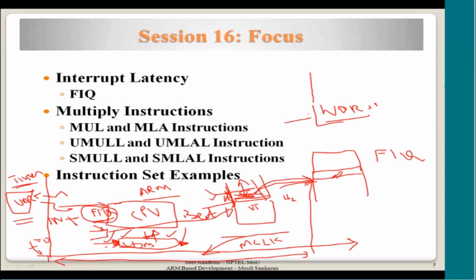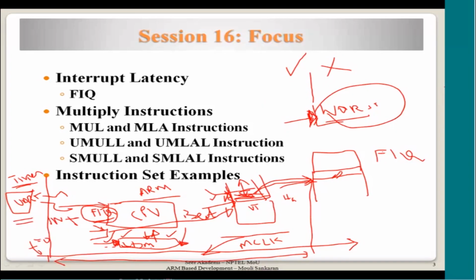Though this is not going to be very frequent, or it may never happen in the lifetime of the system, the system should always be designed keeping this in mind, because you cannot have a catastrophe just because when the interrupt happened the processor was executing a long instruction and then the system failed. We want a system which always works perfectly. That is the purpose of embedded system designers. So we need to cater for the worst case scenario so that our system design is perfect.